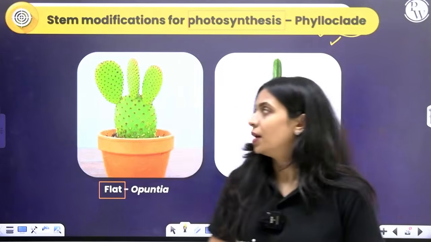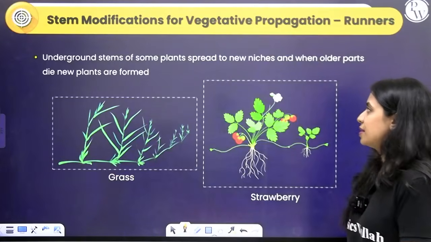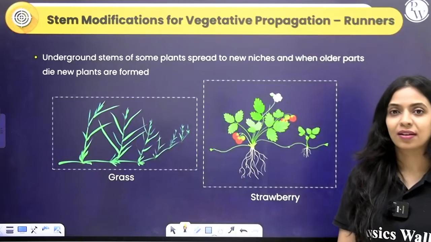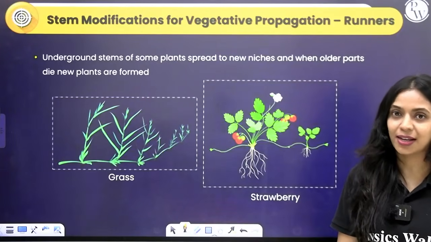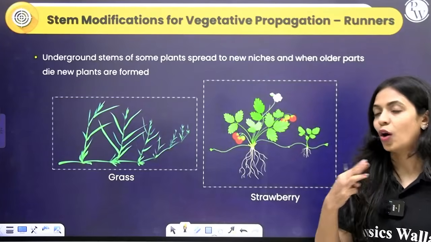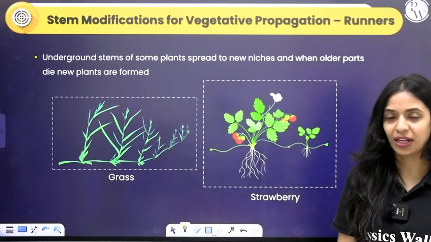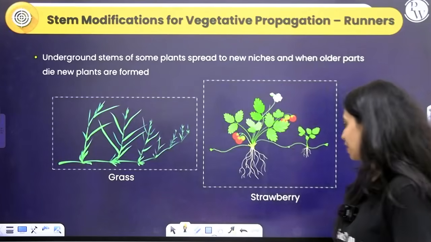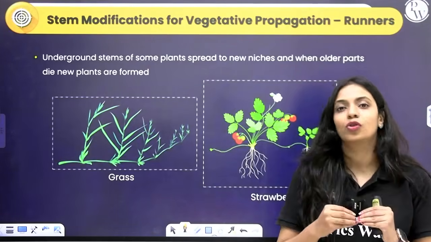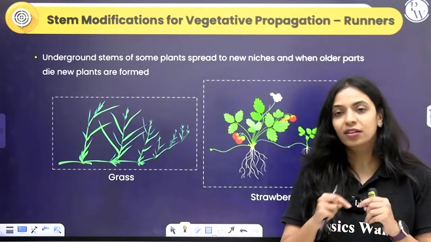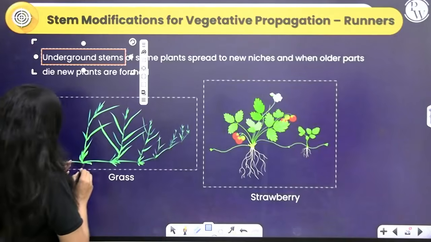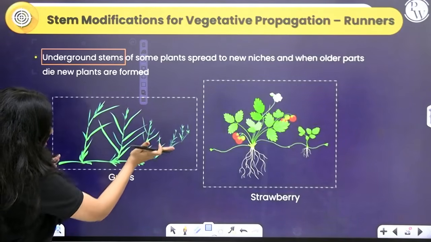Okay, next, stems can be modified for vegetative propagation as well, for a type of asexual reproduction as well. There are 4 types here: runner, stolon, offset and sucker. We'll understand the different types. You can see these runners in grasses and strawberry. What basically happens here is, there will be an underground portion of the stem. This underground portion of the stem will start giving out lateral branches like this.